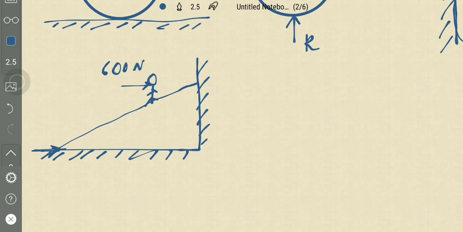So in order to draw the free body diagram, let us consider the body as the ladder.